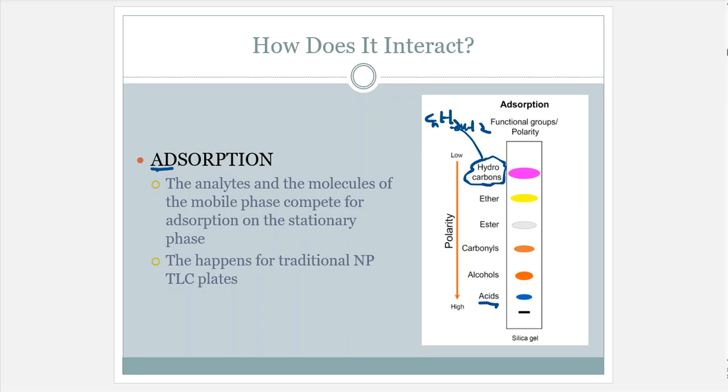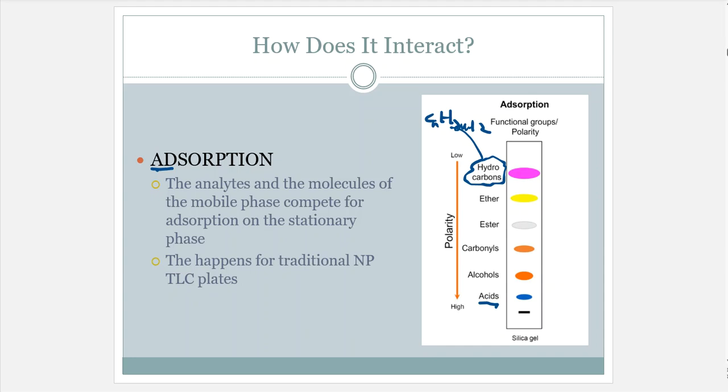With that said, that is straight up carbon, straight up hydrogen, very nonpolar, not going to be interacting with the silica at all because silica is polar. So they're going to hate the silica. They're not going to get along, and they're going to try to get away from the silica as much as they can. That's why it travels the fastest up the plate, or the fastest through a column, if this was actually a column, in order to get rid of it.